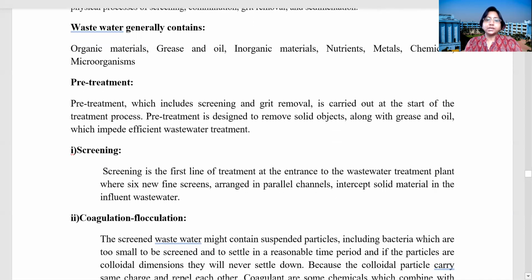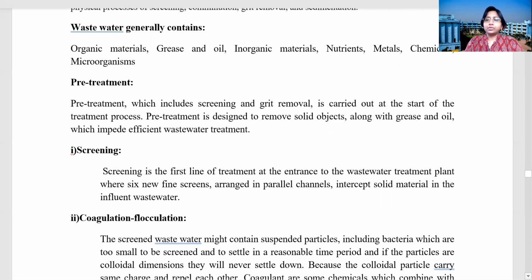So the first part is screening. Screening is the first line of treatment at the entrance to the wastewater treatment plant, where coarse and fine screens arranged in parallel channels intercept solid material in the influent wastewater.